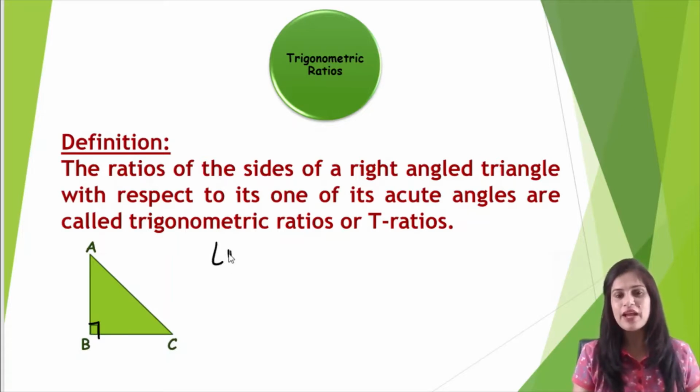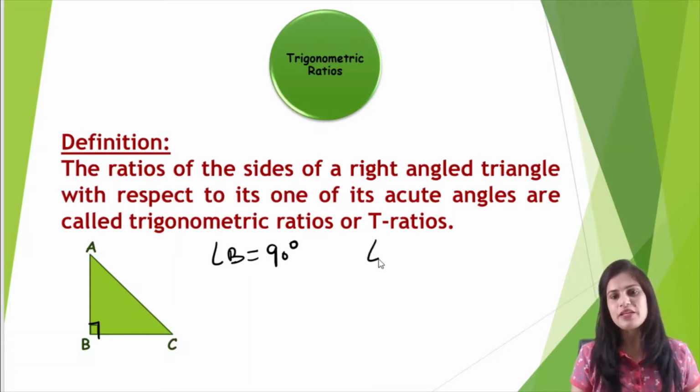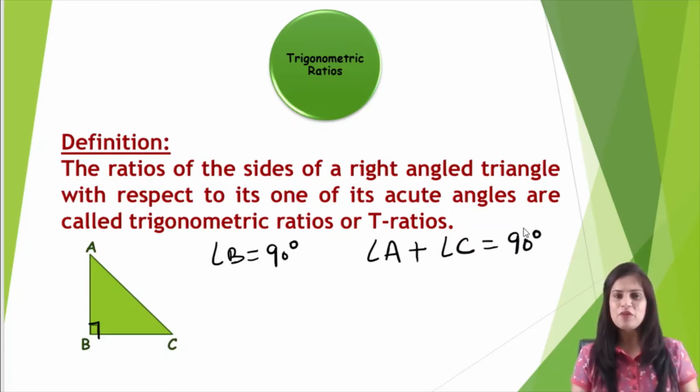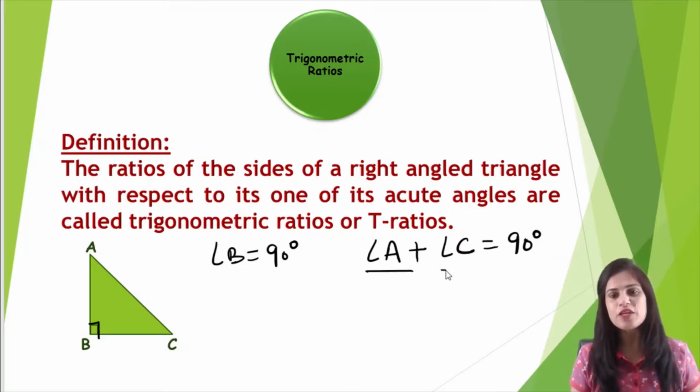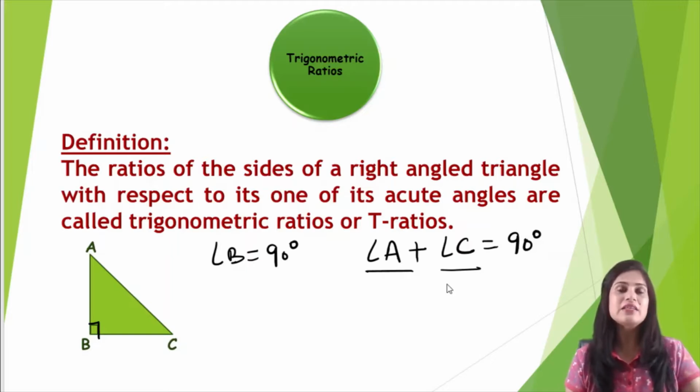Angle B is 90 degrees, which means the other two angles, angle A and angle C, all together are also 90 degrees. Why? The reason behind this is the angle sum property of a triangle, that is 180 degrees. It means individually these two angles are less than 90 degrees.